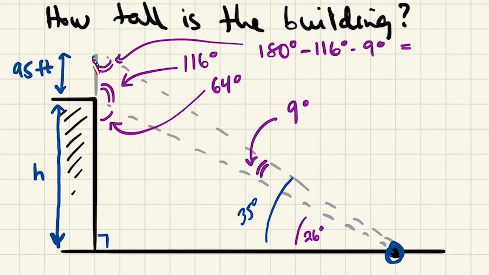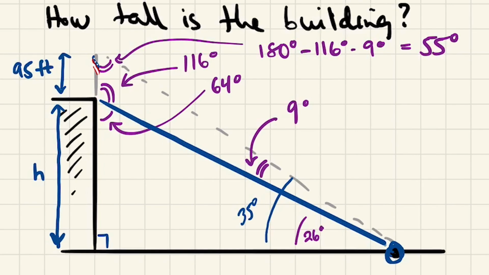So that's 55 degrees. Okay, so yeah, we've learned a whole bunch of angles, big deal, but why is that helpful? That's helpful because we can now use the law of sines to find that particular length.